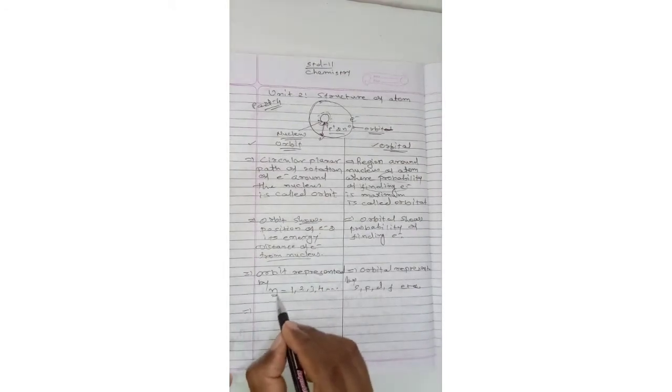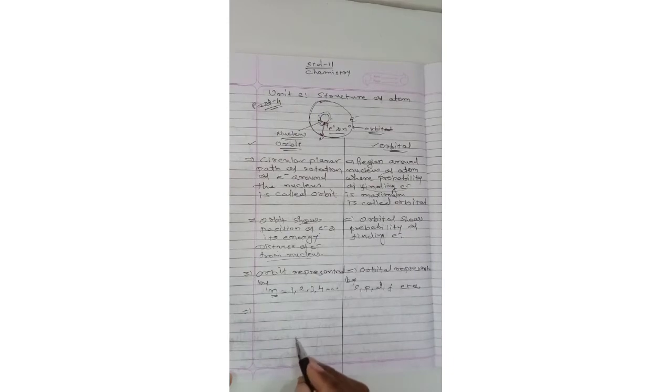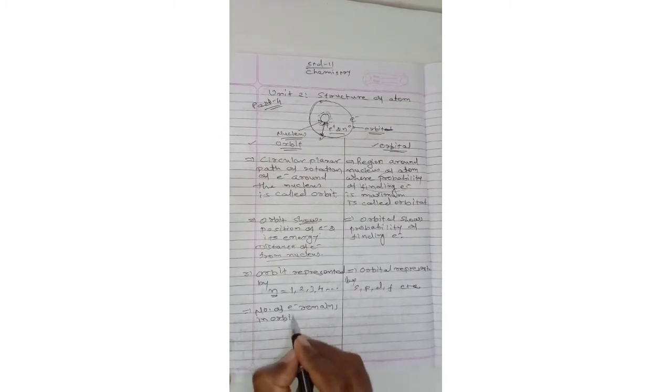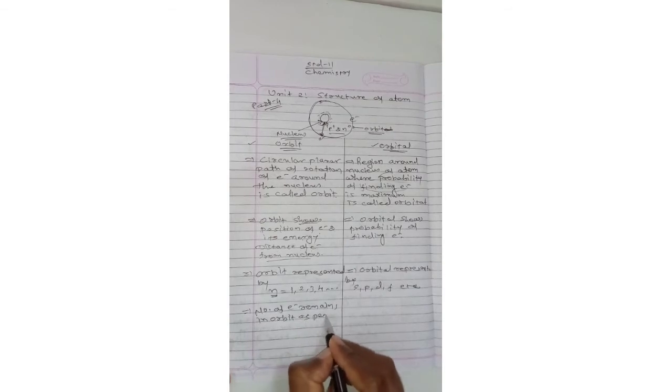Then, how many electrons remain in an orbit? The number of electrons in an orbit is given by the 2n square rule.